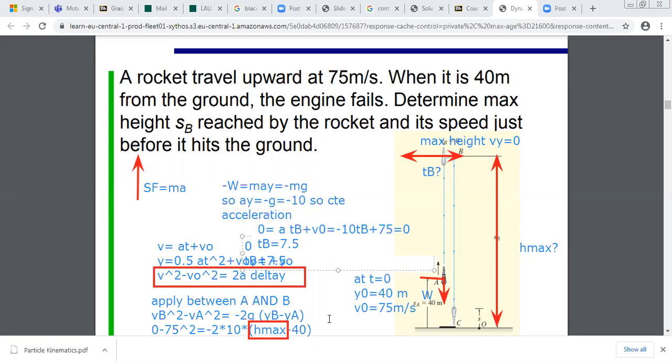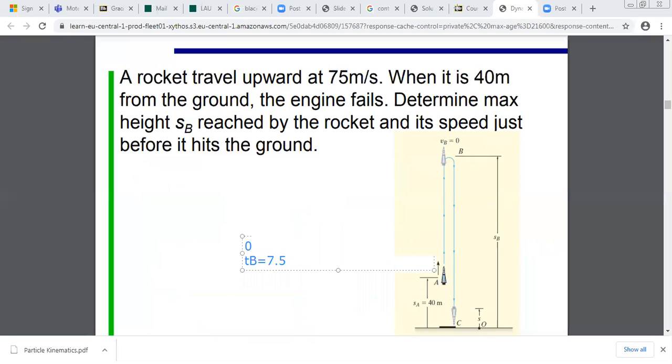So this is another method to find h max. But the first method is easier because you only need one equation. If you use the method of time, first you find tb from v equals 0, then you replace back in the equation, so you need two steps in the other method.